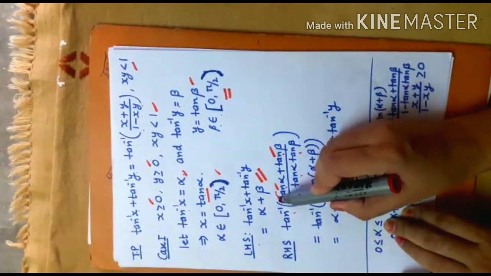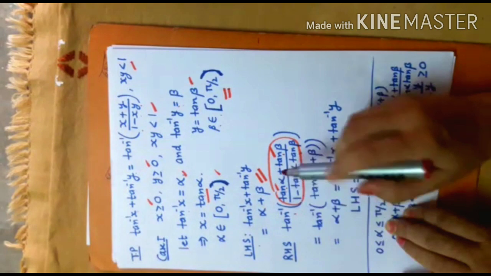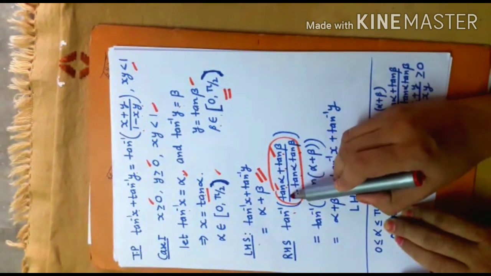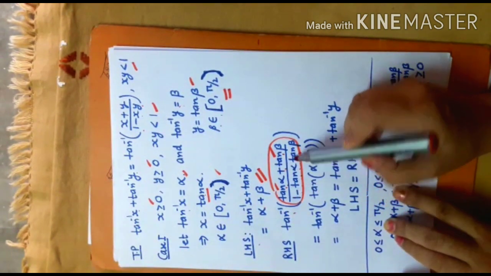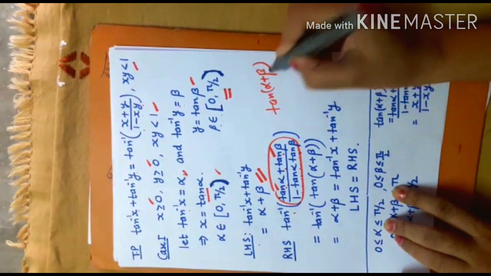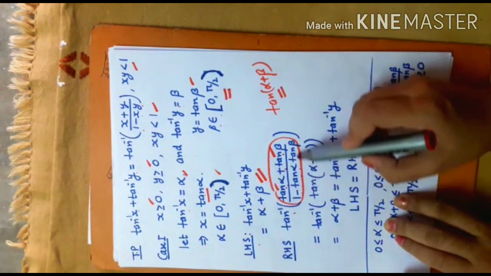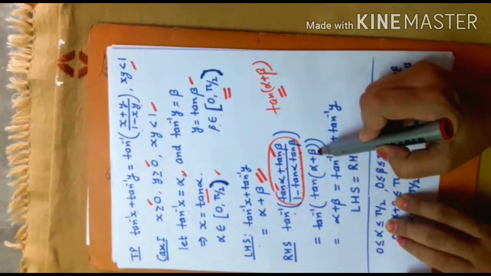Now try to recall this identity. Tan alpha plus tan beta over 1 minus tan alpha tan beta is tan of (alpha plus beta). This you learnt in your class 11th. So I replace this with tan of (alpha plus beta).